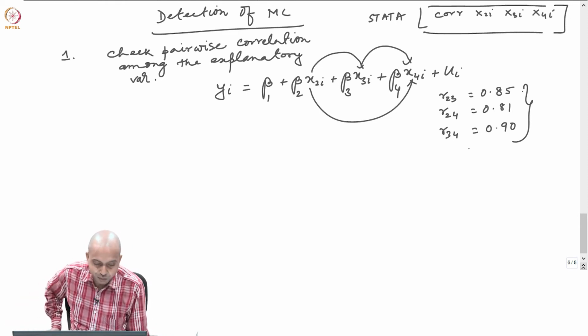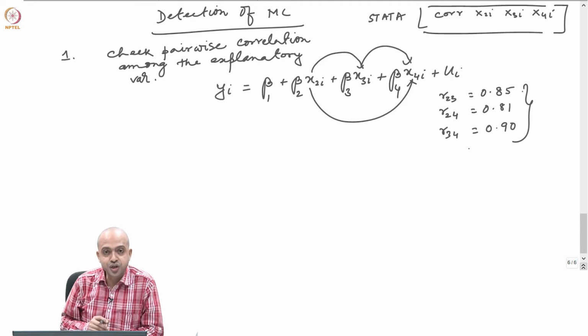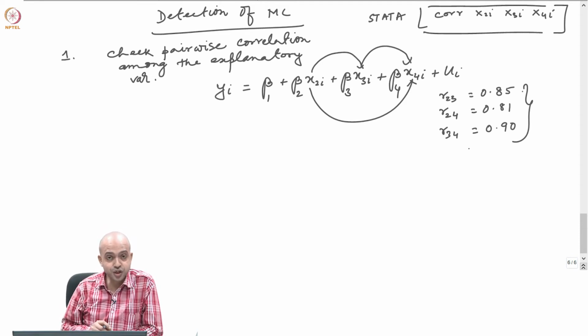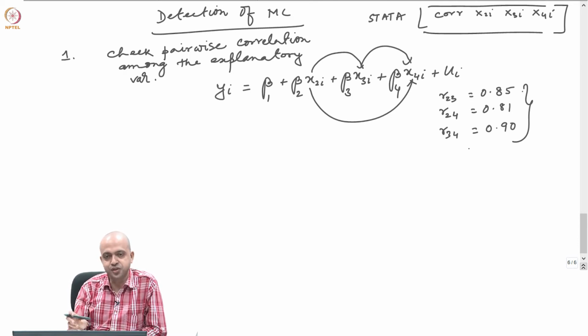But this is a simple measure. As I said, pairwise correlation is not a very rigorous statistical measure of detecting multicollinearity, because it has some limitation.